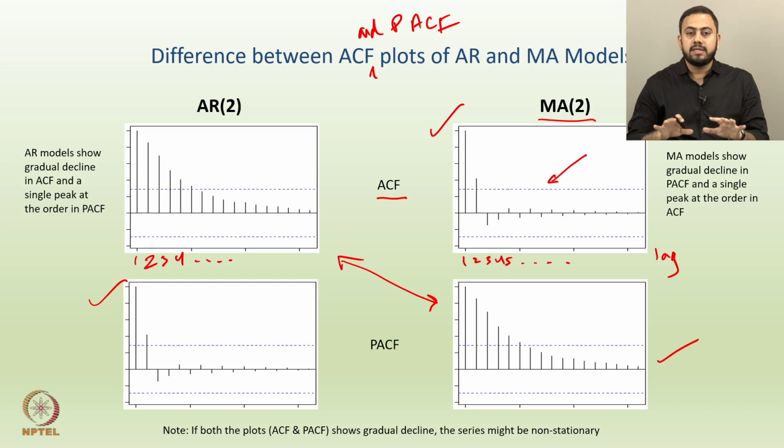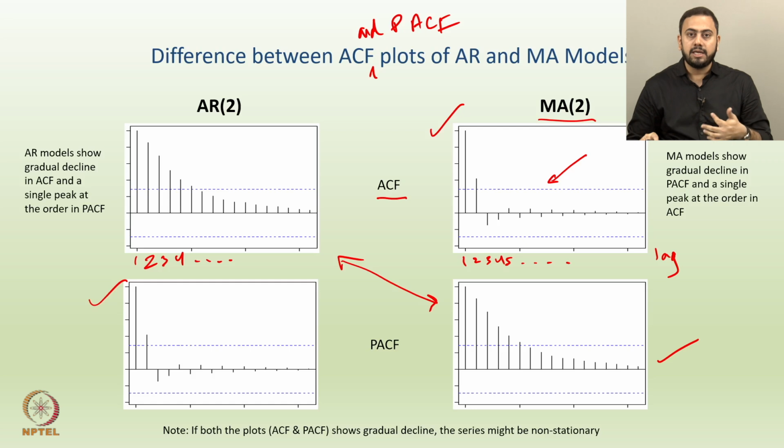Again, just to summarize this entire idea about how you fix particular orders for an ARMA model using ACF and PACF plots: draw both the plots and conclude using both the plots. One should not jump to conclusions based on a single plot, either ACF or PACF.